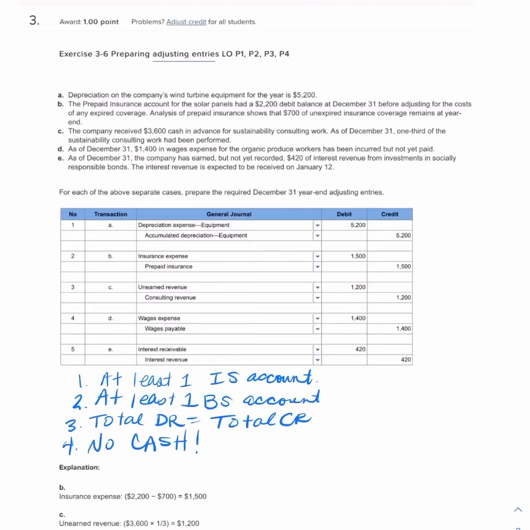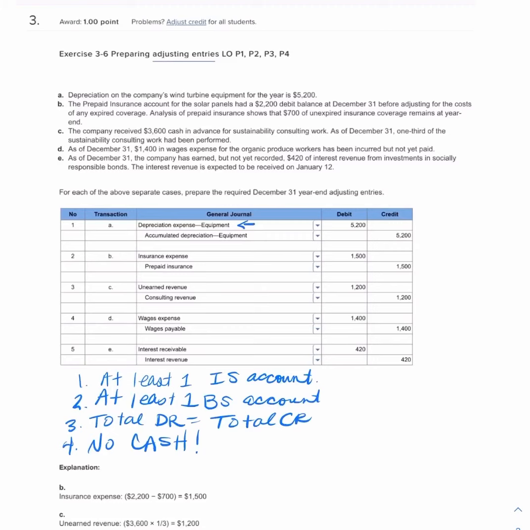Now, in this question, it tells us here, depreciation on the company's wind turbine equipment for the year is $5,200. You'll notice this is the exact same journal entry that we had on the last question when we had depreciation. The only difference is those numbers have changed. From now until forever in this class, the journal entry to record depreciation is always a debit to depreciation expense with a dash telling us what that's on.